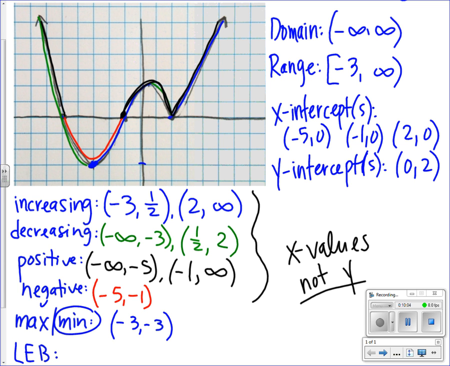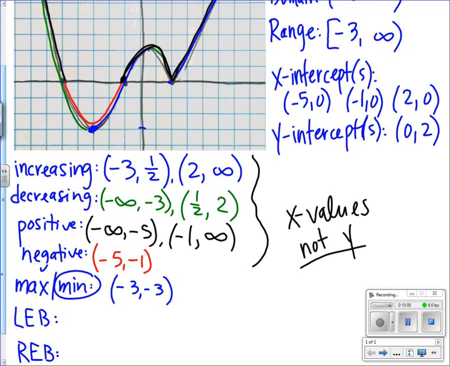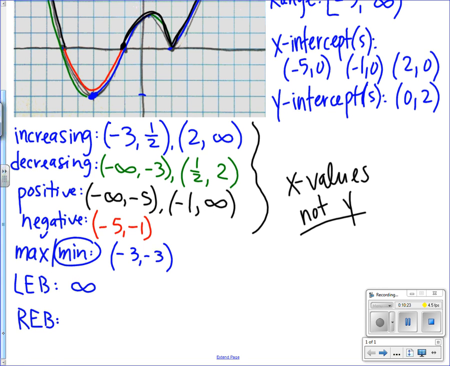If it's negative, then it will go down and down, right? Okay. Left end behavior. So as x goes to the left, where is the function going, or where's y going? Positive infinity, right? Left end is going to positive infinity. Where's the right end going? Yes. Because it's even, they have the same end behaviors. Okay, any questions right now on this information?